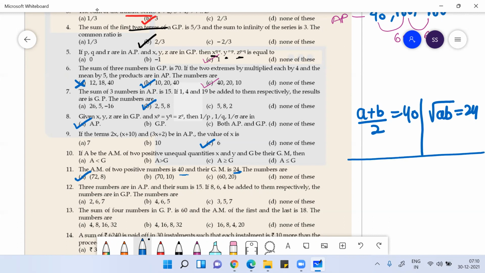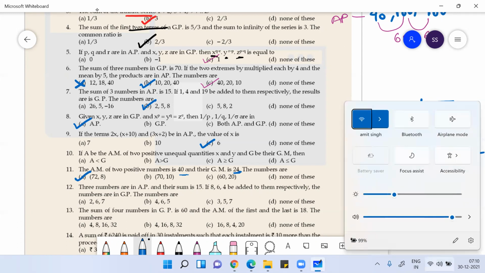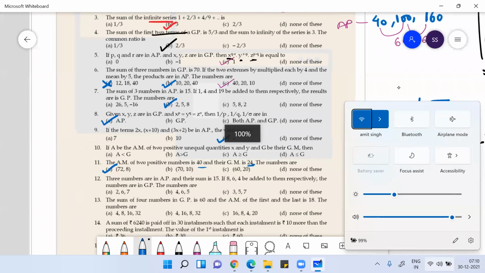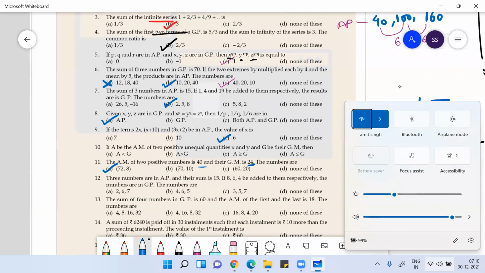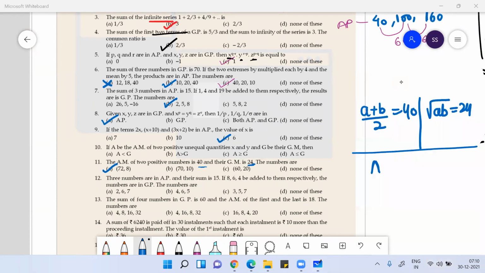Always remember arithmetic mean is greater than or equal to geometric mean, which is greater than or equal to harmonic mean.